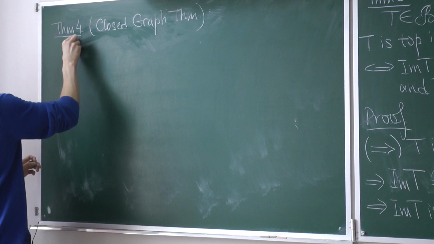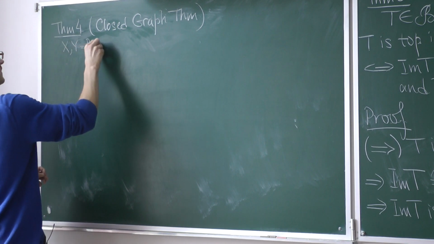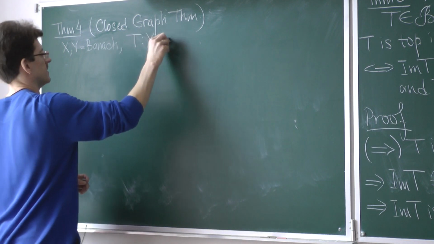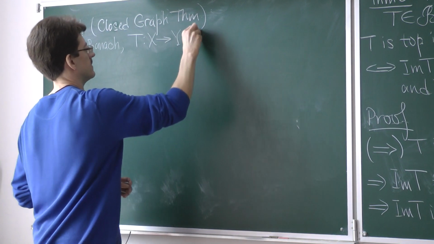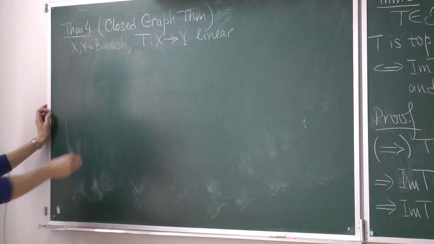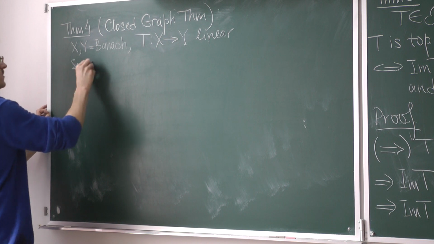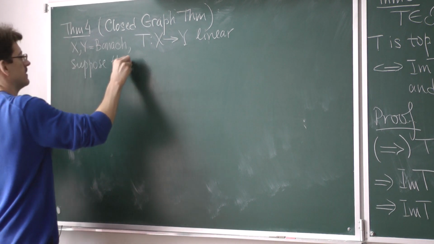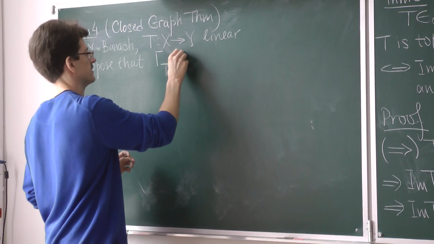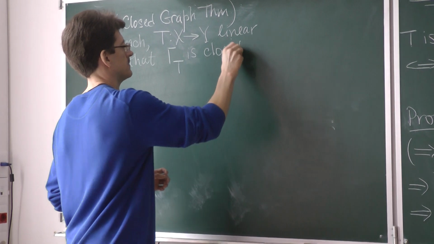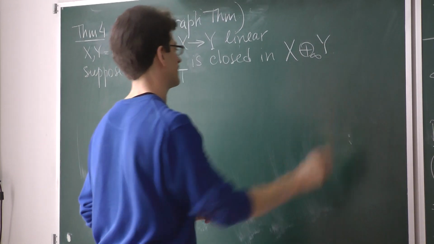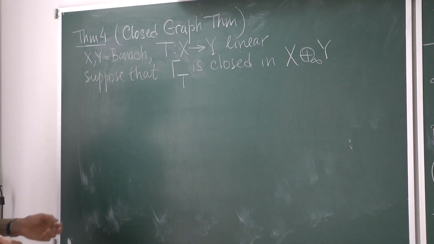If X and Y are Banach spaces, and if T is a linear operator from X to Y such that the graph of T is closed, so we suppose that the graph is closed in the direct sum, then T is bounded.